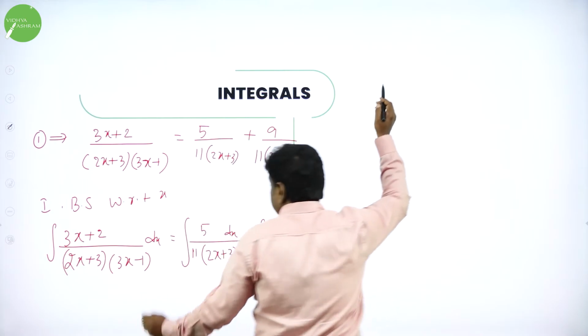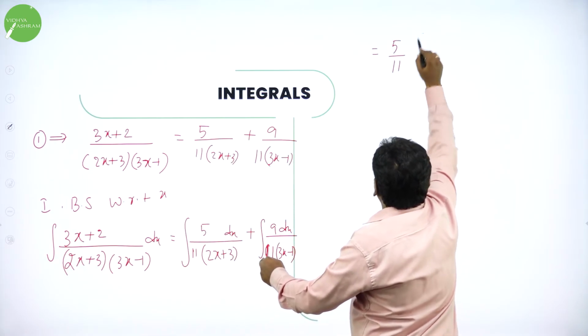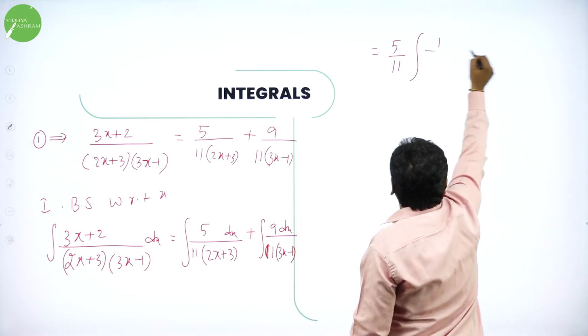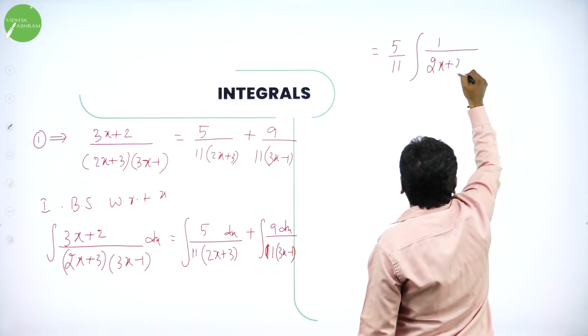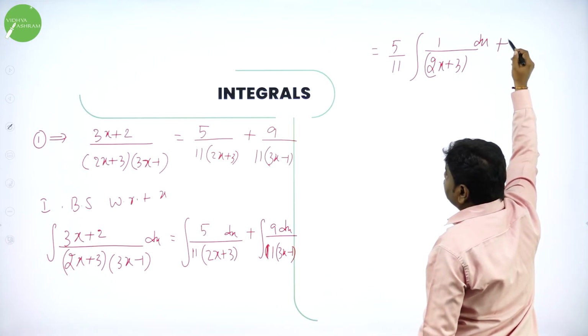Now you can take the constant outside. 5 by 11 is a constant, take it out, integrate 1 by 2x plus 3 dx, and again we have 9 by 11 constant, take it out.